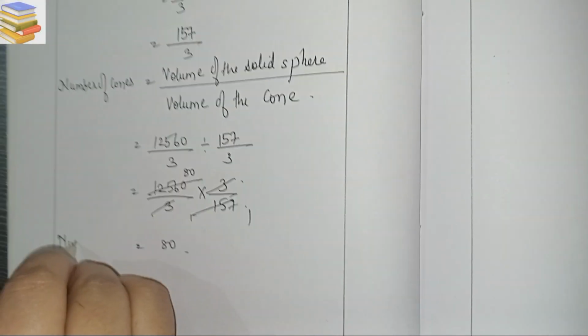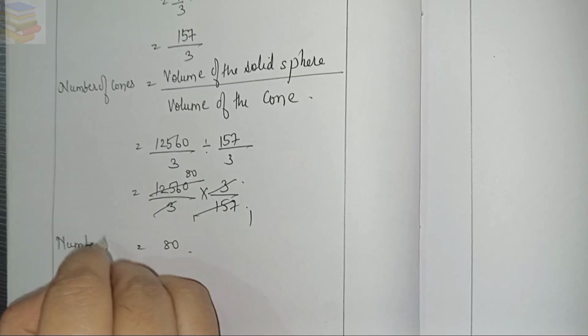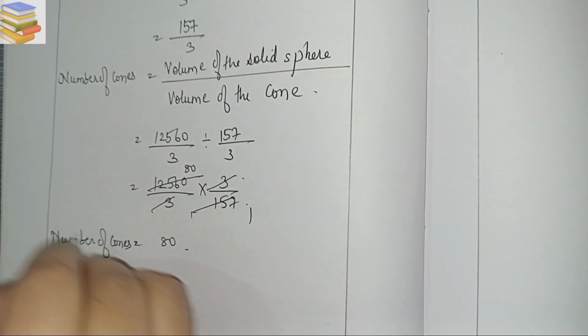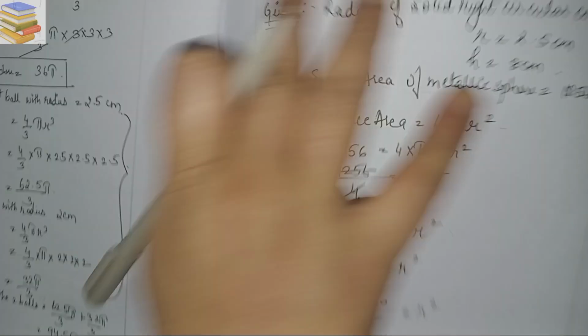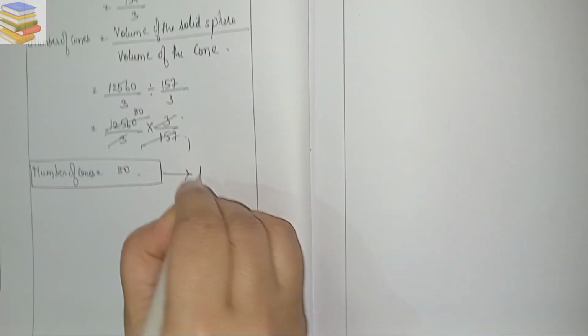So the number of cones is equal to 80. We found the radius of the solid sphere and the number of cones. That is the answer.